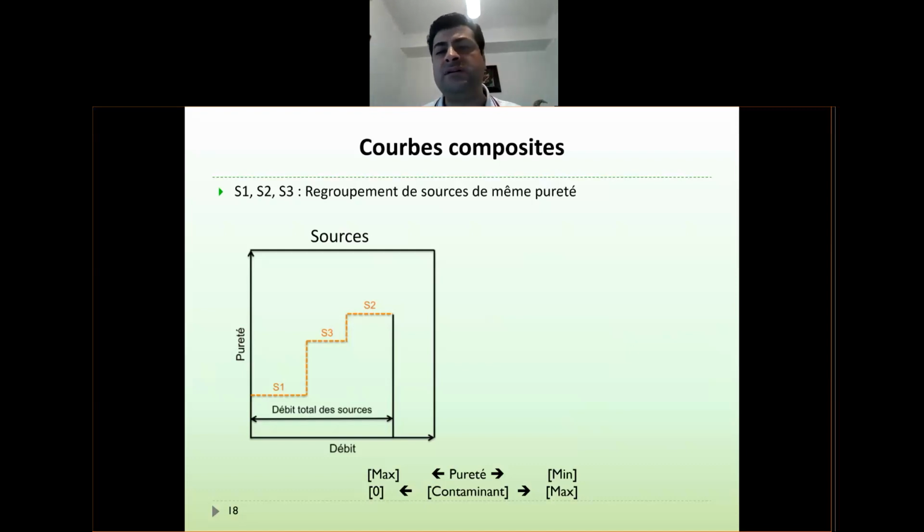Let's say whatever concentration. In a water stream, you can find several streams that have similar purities, and by combining them, you make this composite curve, S1, S2, and S3. Each one has specific purities with a total flow rate.